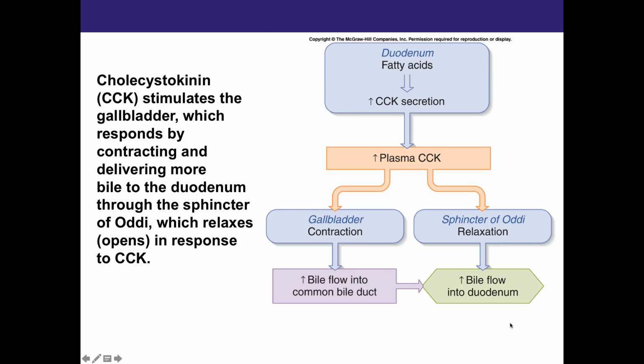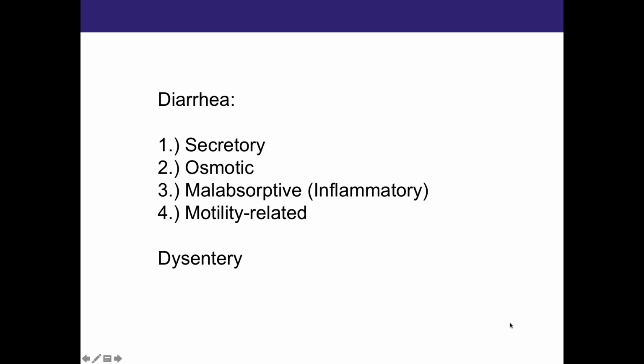Okay, CCK, we talked about diarrhea. Secretory diarrhea is when the transport properties change, secreting chloride, and then water follows the chloride movement. This is what happens with cholera.